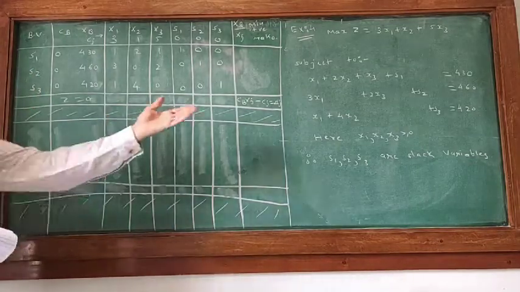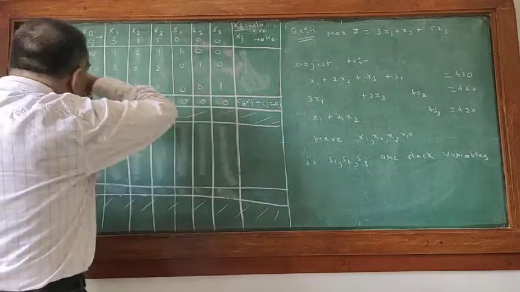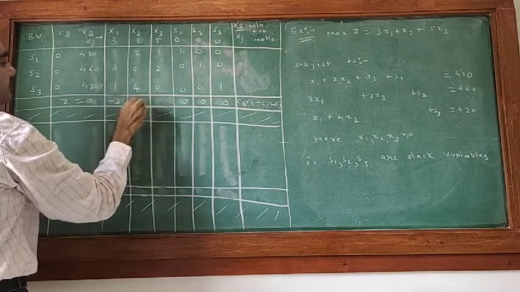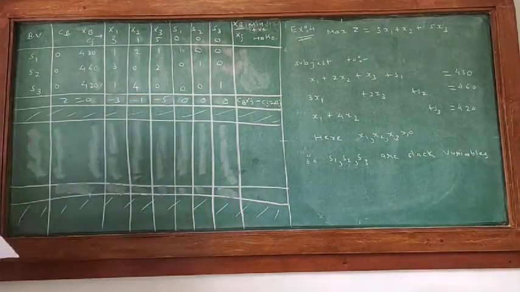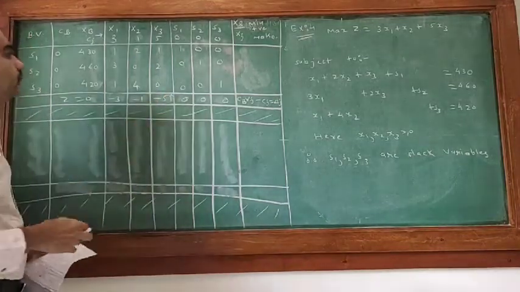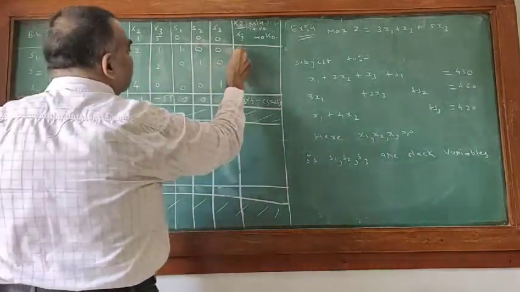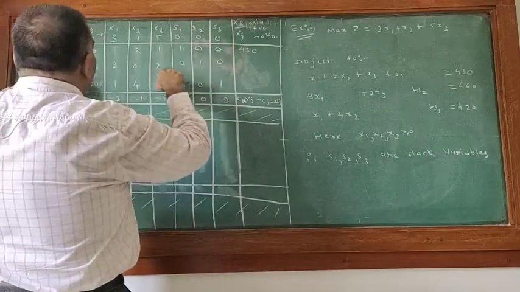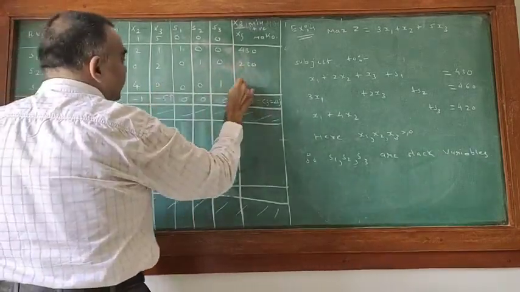Next we calculate delta j. For basic variables it is 0, then minus 3, minus 1, minus 5. So obviously minus 5 is the most negative. So it is xb upon xa, which means 230, and this is infinity.